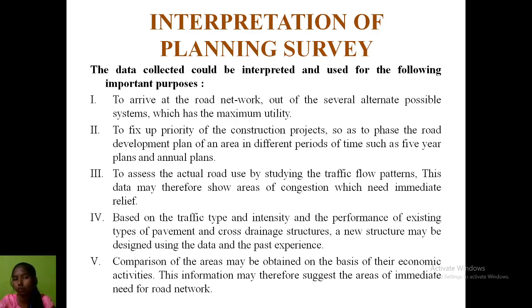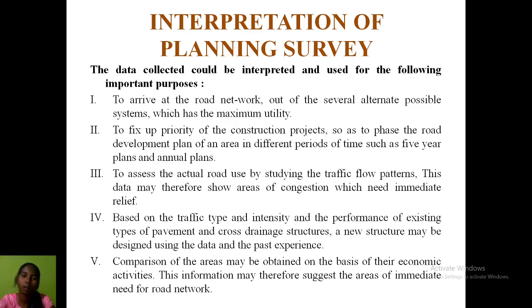And the fourth one is, based on the traffic type and intensity, the performance of existing types, pavement and cross drainage structure. This data may be collected and is called interpretation of planning survey.